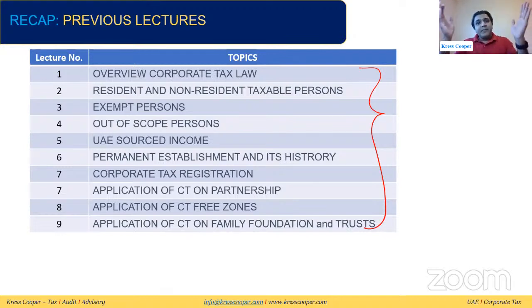The reason is that the rules and principles applicable to calculate the accounting profit, as per IFRS, are different from the rules applicable to calculate the taxable income as per the UAE corporate tax law. Accounting profit is calculated as per IFRS rules, and taxable income is calculated as per UAE corporate tax law rules.